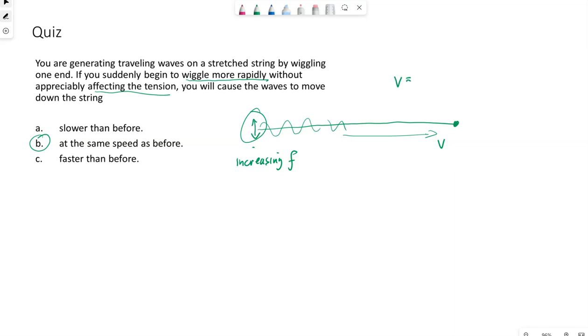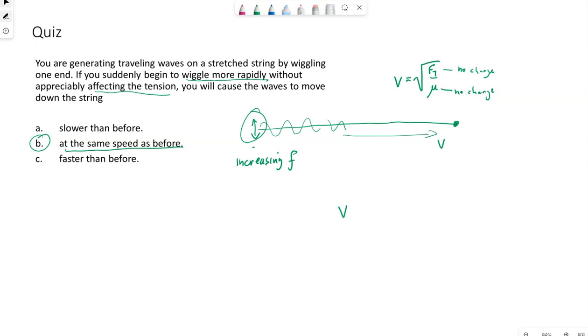So the speed of the wave on the string is the square root of the force of tension over the linear mass density. We're not changing this tension. We're not changing the linear mass density because it's the same string. So we are not changing the speed of the wave at all.